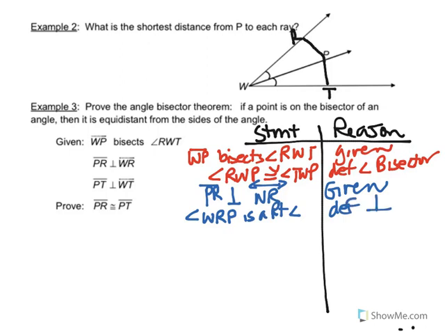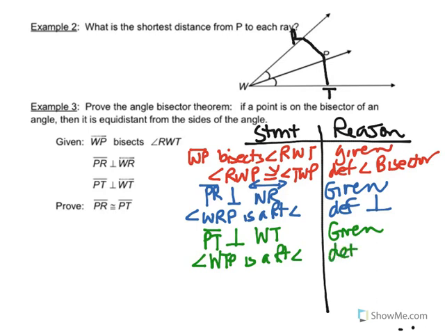And then we have PT is perpendicular to WT. And so that's given. So we know that angle TWP, or hang on a second, I want to write it the other way. We'll call it angle WTP is a right angle, and that's definition of perpendicular. And let's go ahead and draw those in.